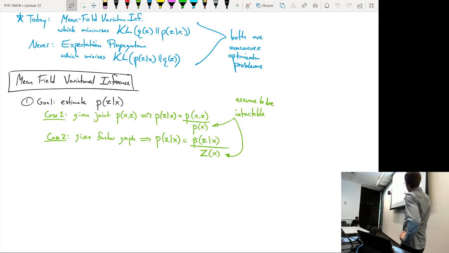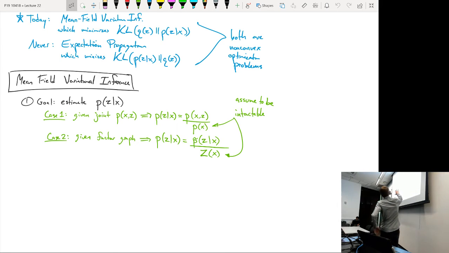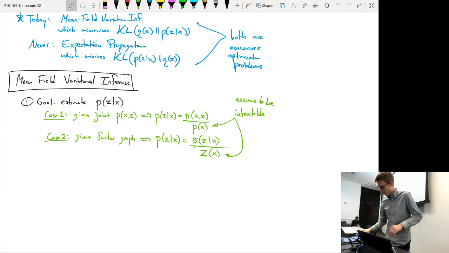So the key point is that P tilde of z given x and the joint P of x and z, both of them need some normalization if you want to work with the posterior P of z given x. Okay.